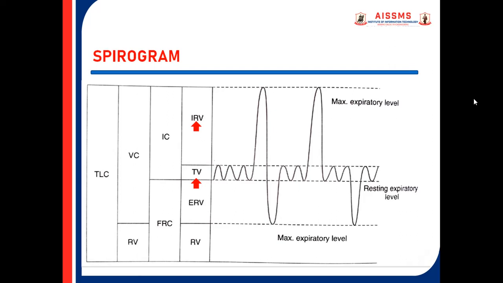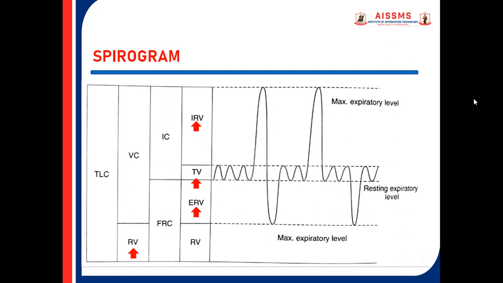The volume of gas which can be inspired from a normal end tidal volume. Expiratory reserve volume. The volume of gas remaining after a normal expiration less the volume remaining after a forced expiration.